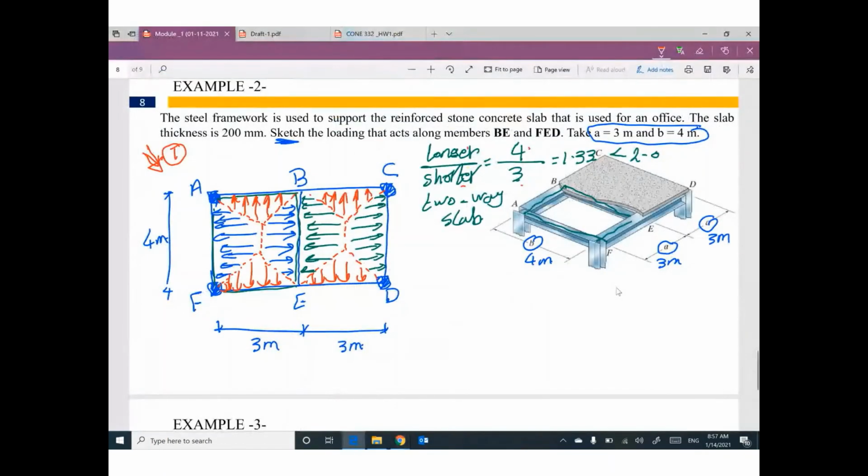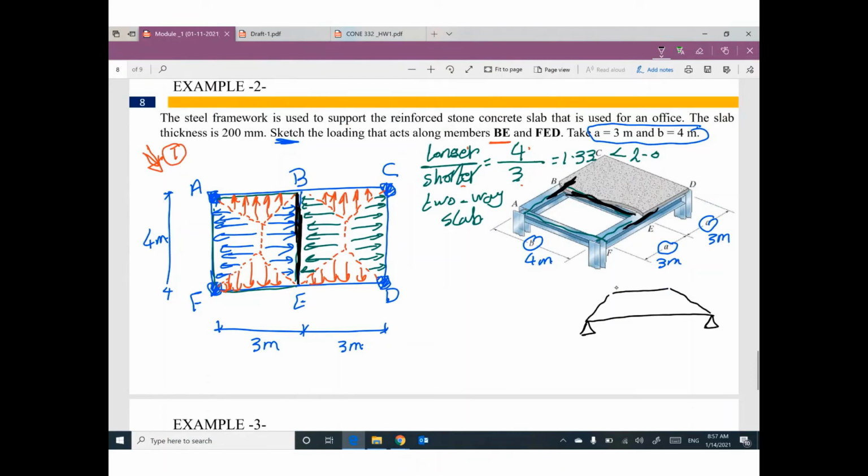Okay, looks good. We need to sketch what is going on with beam BE. Beam BE, this beam. Beam BE looks like this, supported here and supported here by this main girder and this main girder. That makes sense. This beam is supporting a trapezoid like this. Two trapezoids.